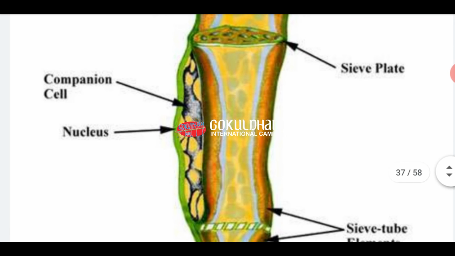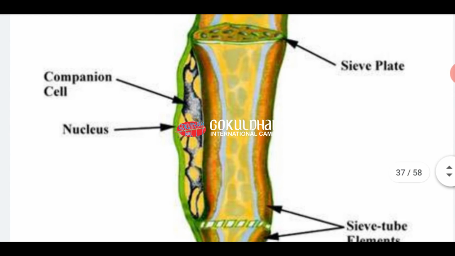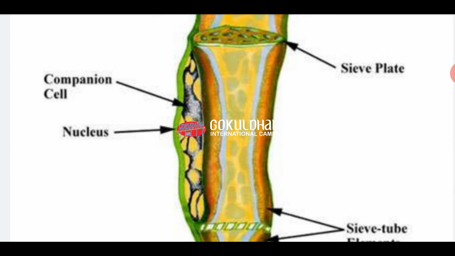You can see in this picture the sieve tube element, and on the side of the sieve tube element there is a companion cell present, and the nucleus of this companion cell controls the function of the sieve tube element and the companion cell.